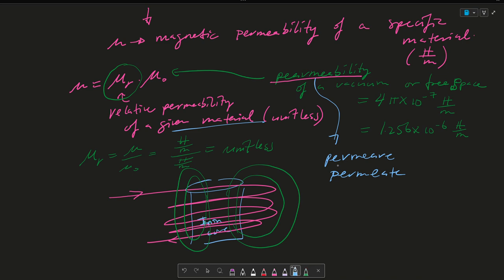So I hope that makes sense. This permeate, right, meaning to pass through. It's talking about how easy is it for it to pass through this iron core, okay?